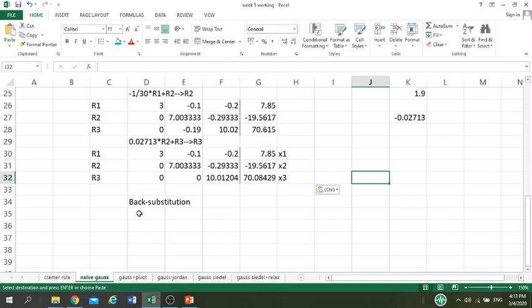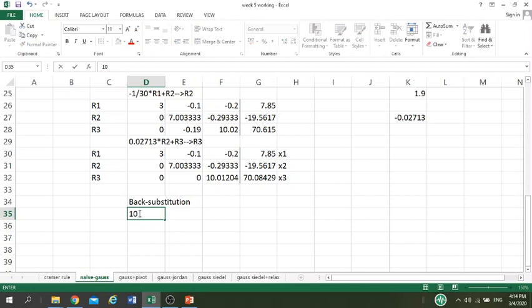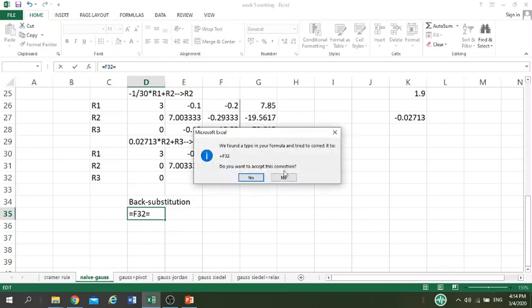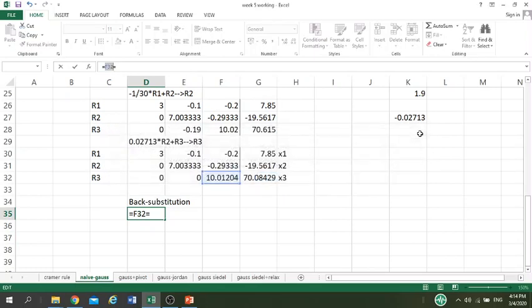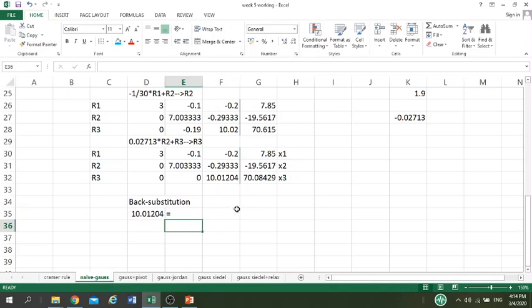So I take this number. This is actually our x3.